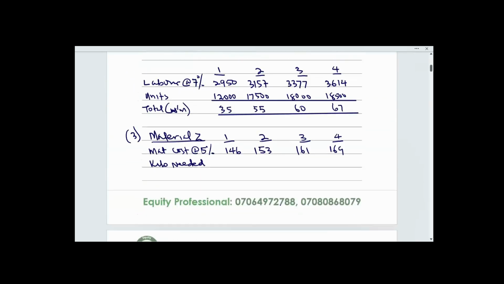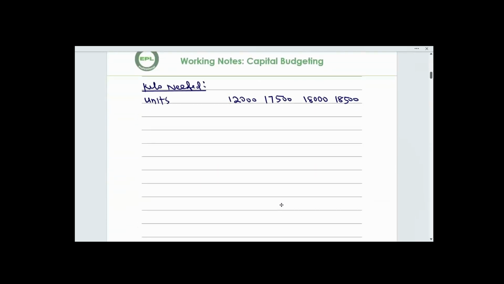For year 1, the unit is 12,000, followed by 17,500, 18,000, then 18,500. Okay? Now, you are given 6 kilos per unit, so I would then say multiply by 6.